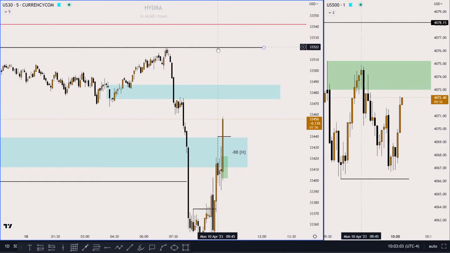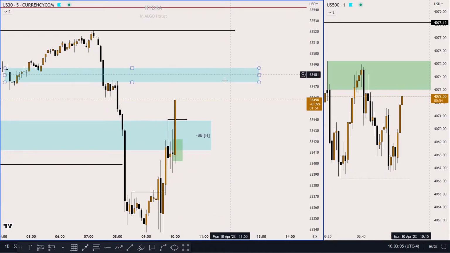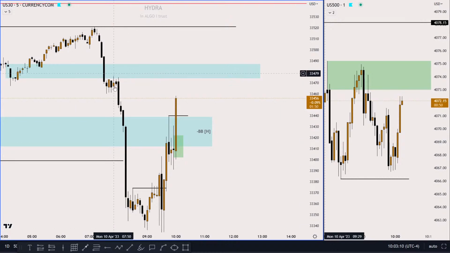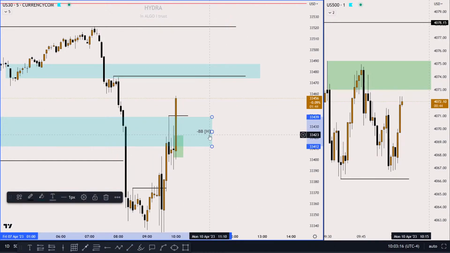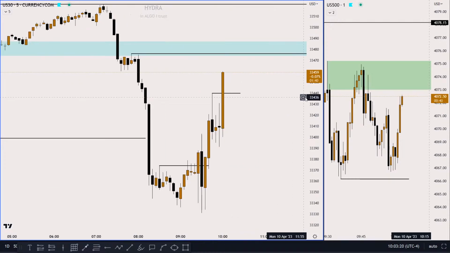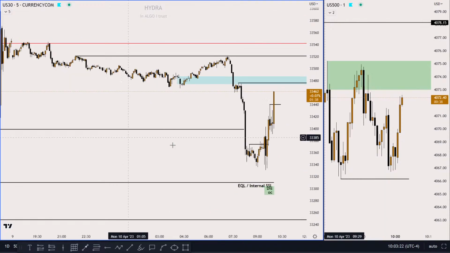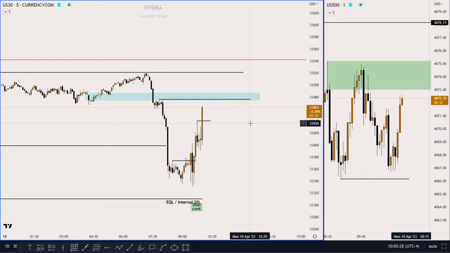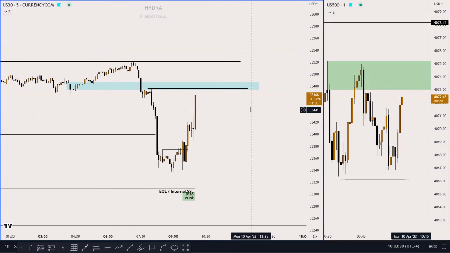So price can hunt this relative equal high, and we have another high right here. So I'm not looking for any new setup, because I told you, if price is coming all the way up and hitting the 60-minute breaker block again, I will not take a trade.